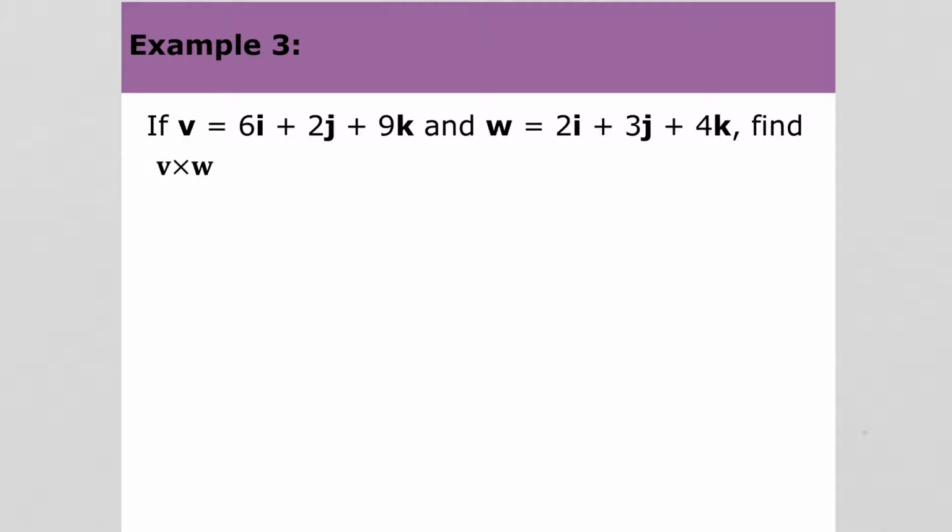And this time we're going to use our determinants to help us. So we'll have i, j, and k on the top. Then 6, 2, 9, 2, 3, 4.